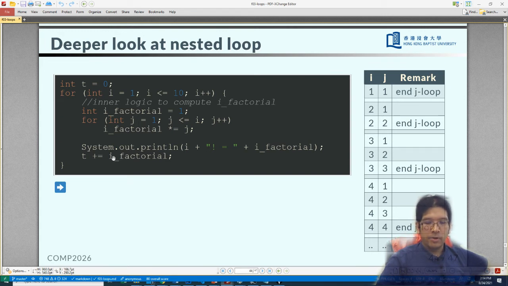Remember, t will accumulate the values of i factorial using this syntax. Now, if you have time, please try to click on this link, which will take you to our code, and you can try to understand by looking at it, running it, and maybe trying to modify some numbers.